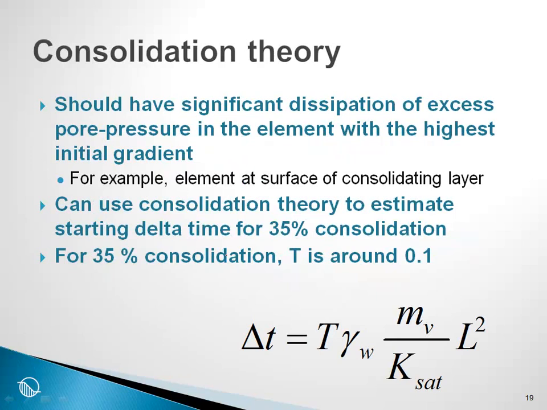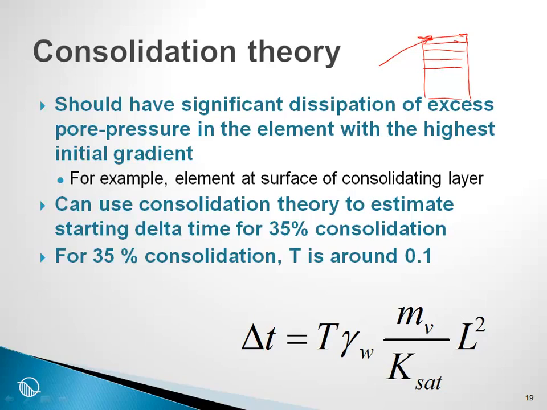We can get some guidance from consolidation theory. If we had a soil sample here, and these were elements, and there was a sudden change in pore pressure, or change in boundary condition, or change in loading, then the first element at the top here should have some significant consolidation.